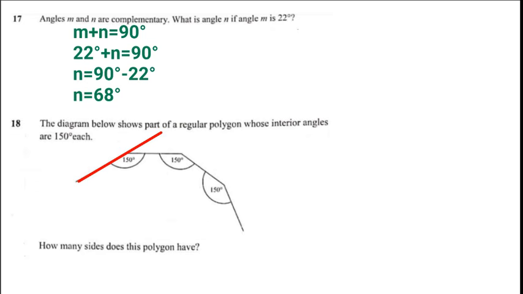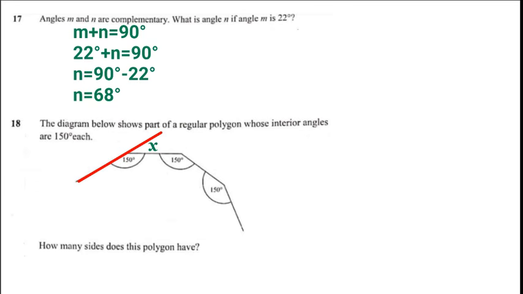Then I've formed a straight line angle where the interior and exterior angles are formed. Here we're going to say x, so the exterior angle is x. When you find the value of x, that means all the exterior angles of this polygon have the same value as the one we're going to find, because the exterior angle will help us to find the number of sides.